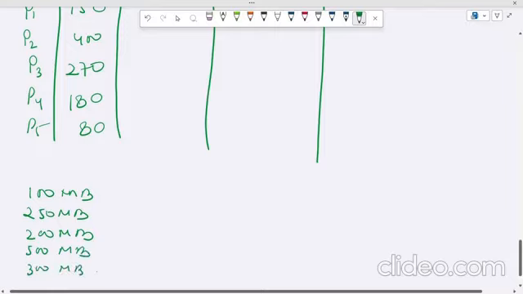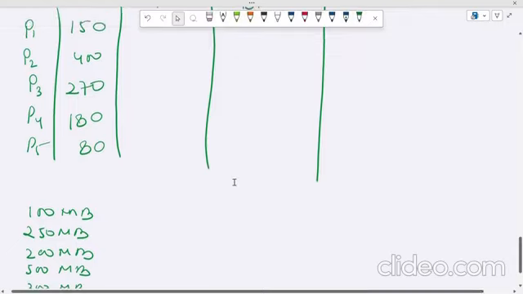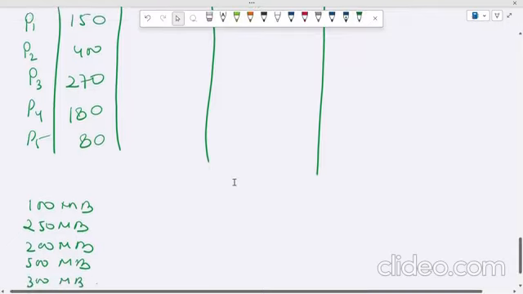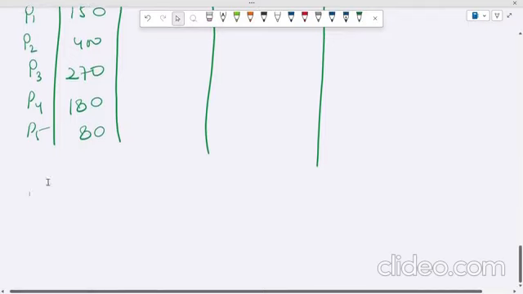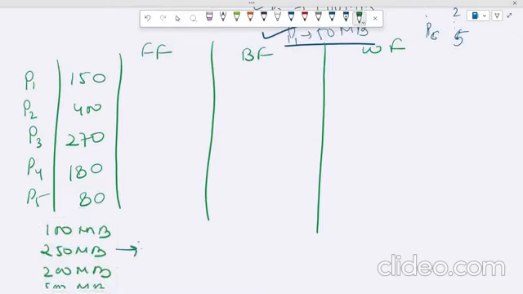So these are the 5 spaces in memory. Now you have to add these processes. These are the block sizes.